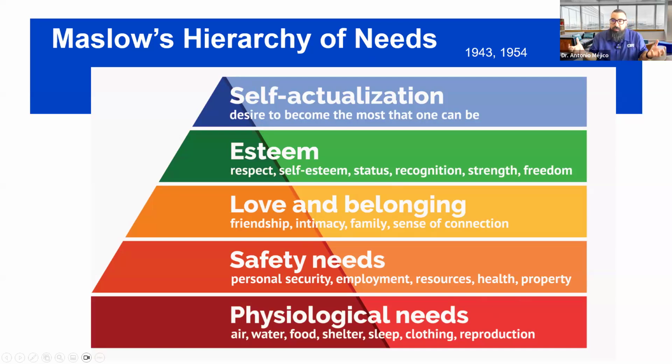The base supports the rest of the levels of the triangle. That would be where we start as human beings. And what Maslow identified was that at the base of all human development and existence is that every one of us first seeks to meet our physiological needs. Our physiological needs are the things we need to survive as a species or as individuals: air, water, food, shelter, sleep, clothing, reproduction.